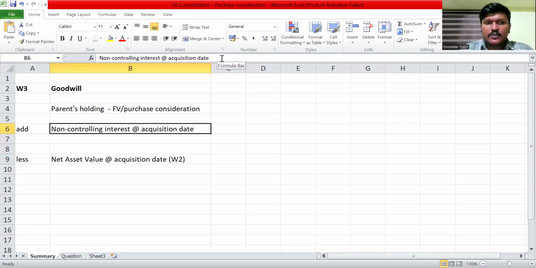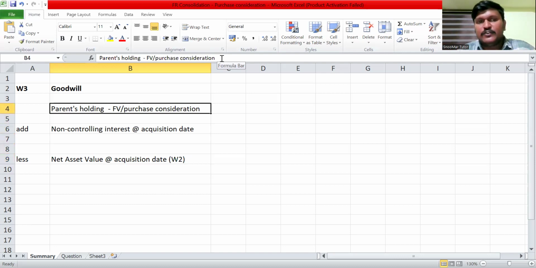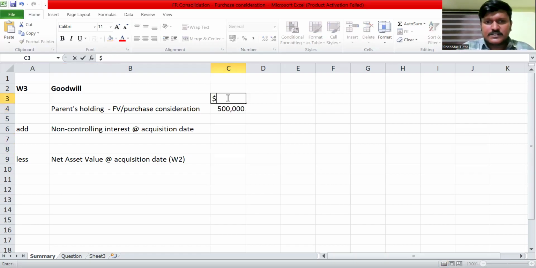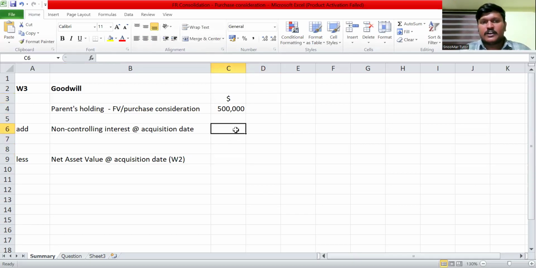Now, assuming that you already have the values, assume that you have a purchase consideration. You have spent 500,000, in dollars. And the non-controlling interest at the acquisition date seems to be 150,000, or to a reliable measurement, let's consider 100,000.